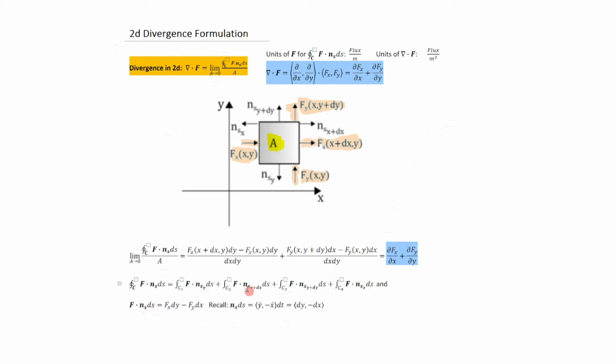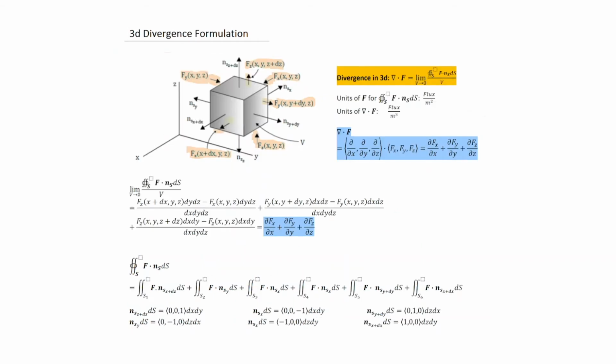And so, again, this is just a review of what we mean by F dot n ds, and recall what n ds is. It's basically a description as shown here. So this is the 2D divergence formulation.